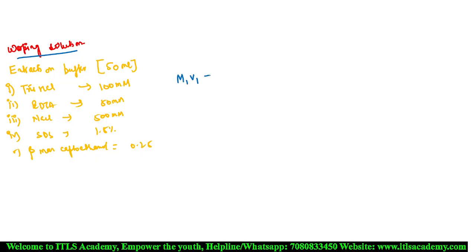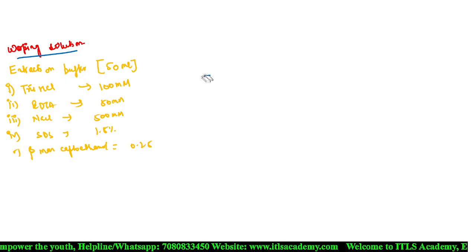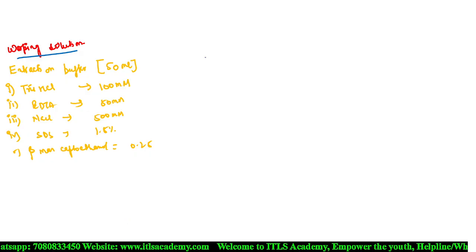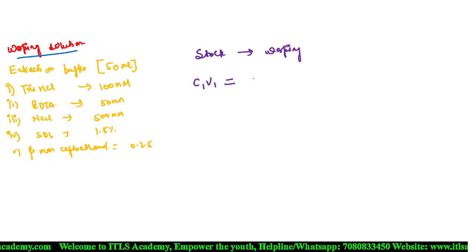Not M1V1, we use C1V1. M1V1 is for the liquid reagent, when the solute is liquid. Here you have to convert your stock into working. In that case, you use the formula C1V1 is equal to C2V2.